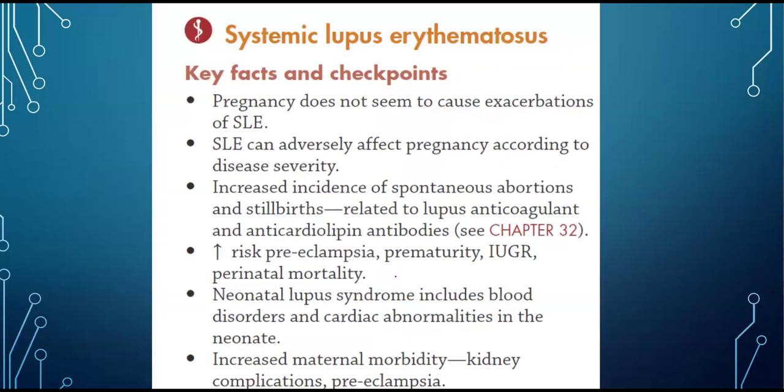SLE during pregnancy. Not very important, but SLE during pregnancy has a high risk of preeclampsia. It has a high risk of miscarriage. A lupus patient who has a history of recurrent miscarriage and recurrent venous thromboembolism, what is that condition called, guys?